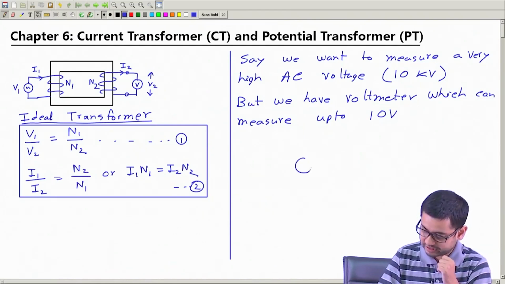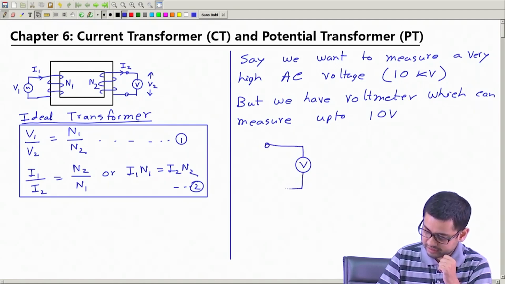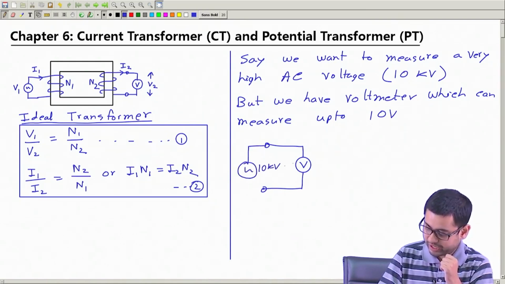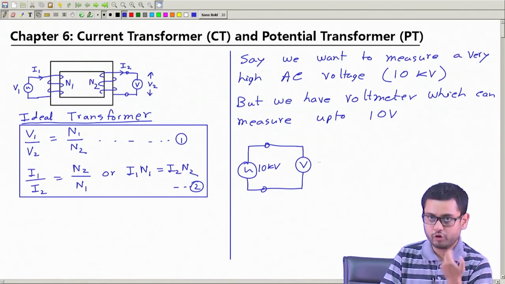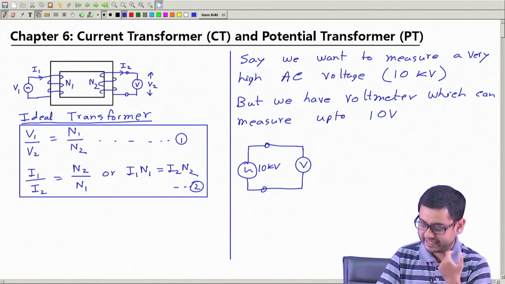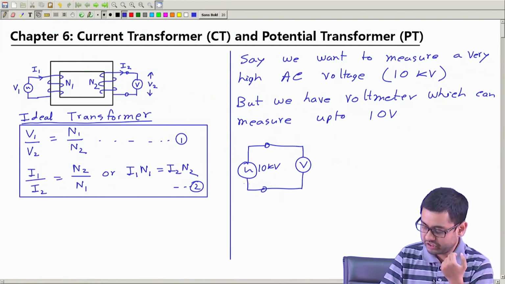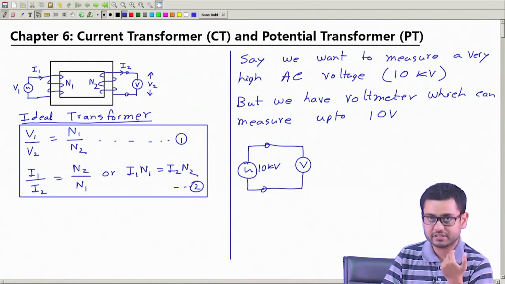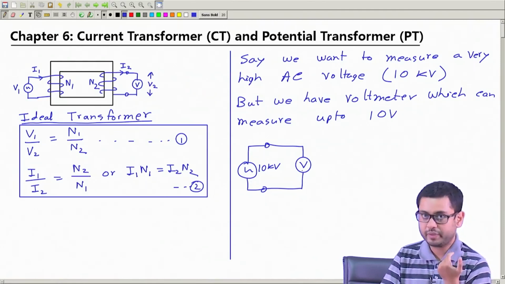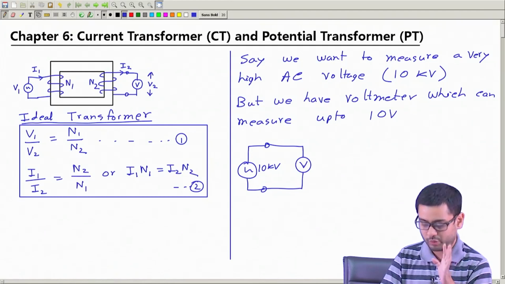10 volt voltmeter to a 10 kilovolt source. If we connect it this way, the voltmeter may get damaged immediately because of this high voltage applied across it. So, a high current will flow and it may get damaged immediately. That is one thing.